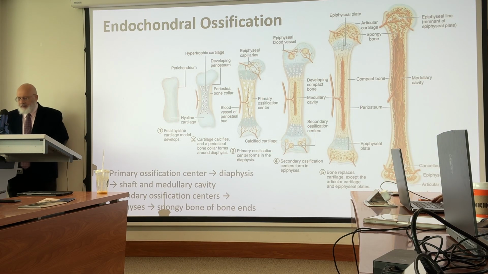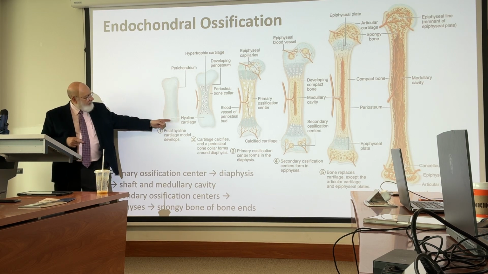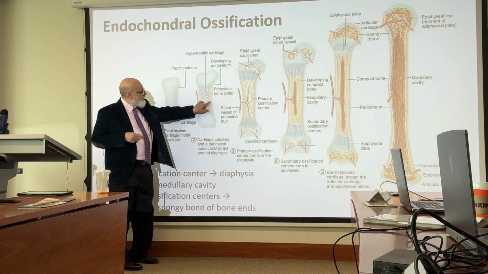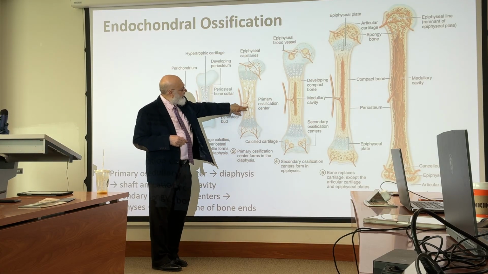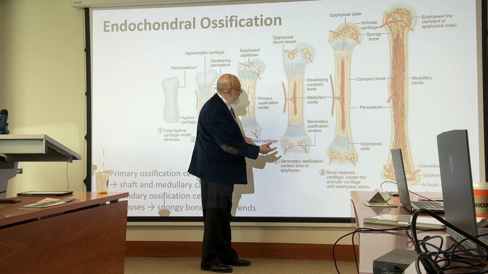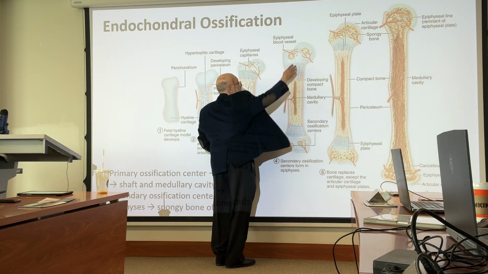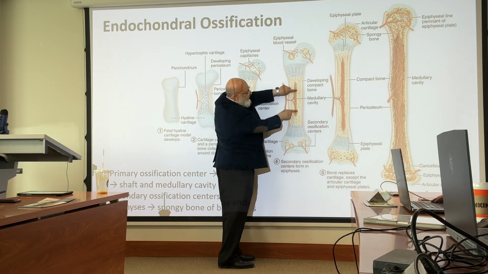Okay, so to summarize endochondral ossification, we're starting with this hyaline cartilage template for the long bone, and then the collar bone at the side will be the primary center of ossification. The artery will invade. And then you can see the process of ossification will happen in three directions. First, from those two, down there, which is the secondary center, but also from the primary going up.